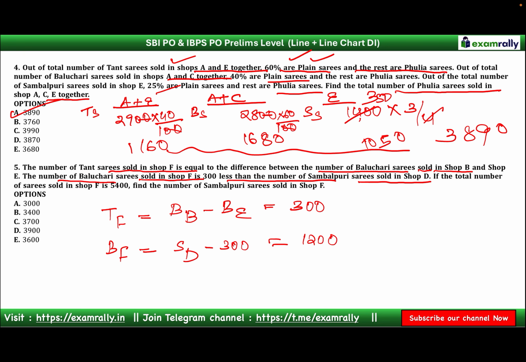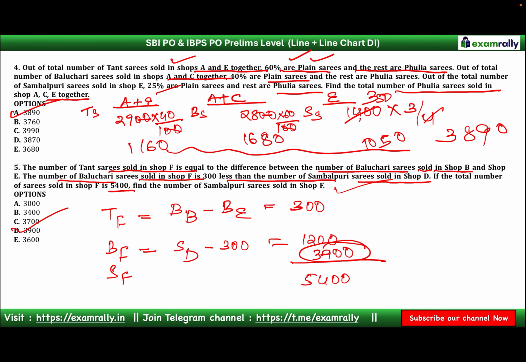Okay, if the total number of sarees sold in shop F is 5400, so remaining Sambalpuri sarees sold in shop F will be equal to what? 1500 deducted means 3900. What they asked, find the number of Sambalpuri sarees sold in shop F.